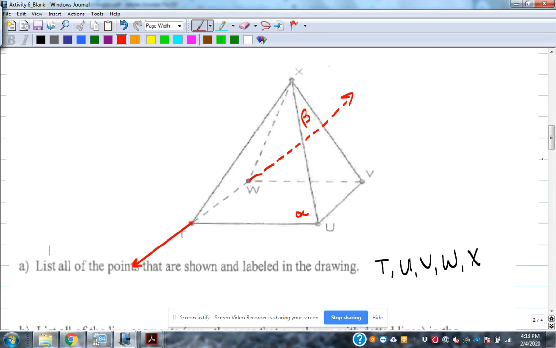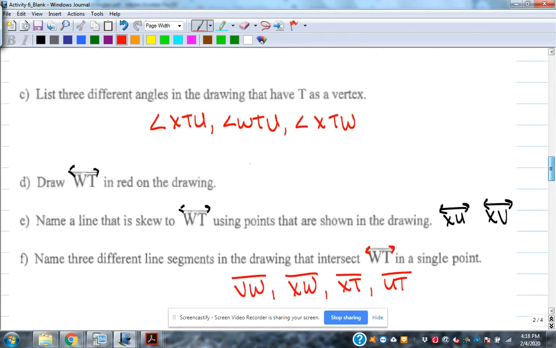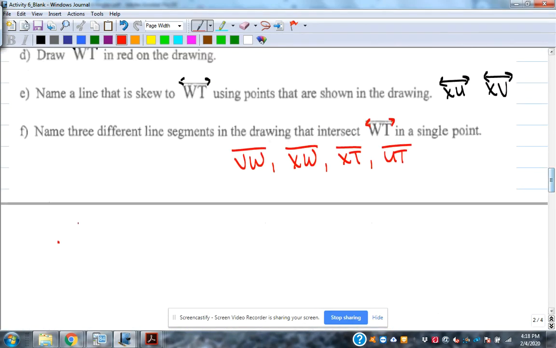So when planes meet, they intersect at lines. Ours, because it's a limited figure, are going to intersect at UV or VU, whichever way you want to name that would be fine. And if you wanted to extend it to line UV, that would be 100% correct as well, because technically planes extend forever.